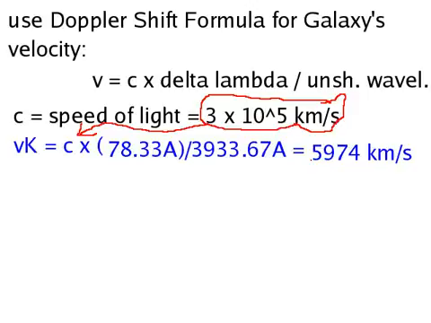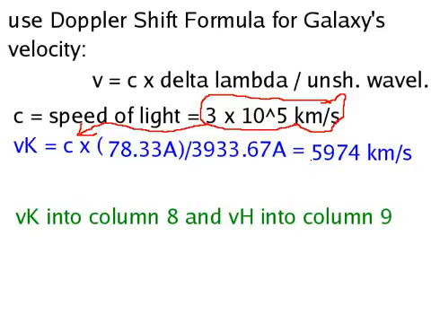So VK goes into column 8, and VH into column 9. And apparently it just totally deleted the line that I was typing.